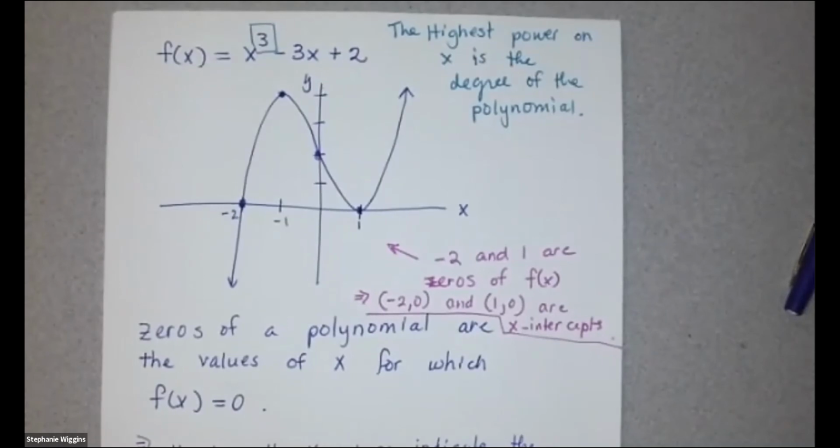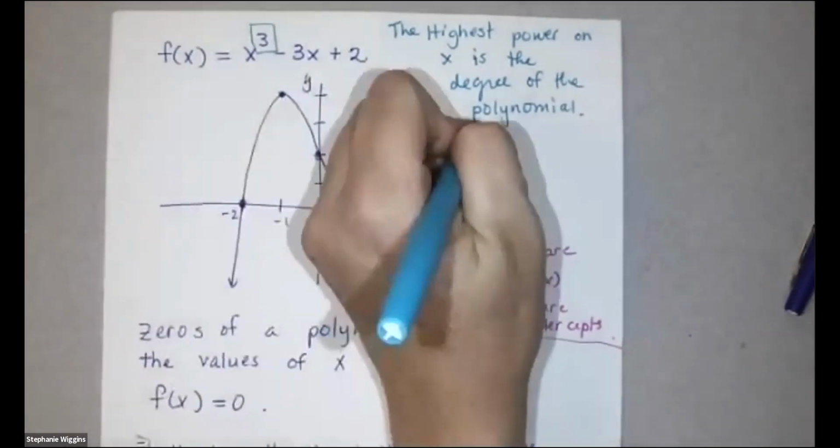So if you're including complex numbers as a possibility, then the degree is equal to the number of zeros that your polynomial has.